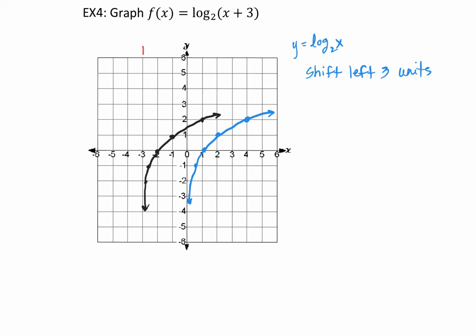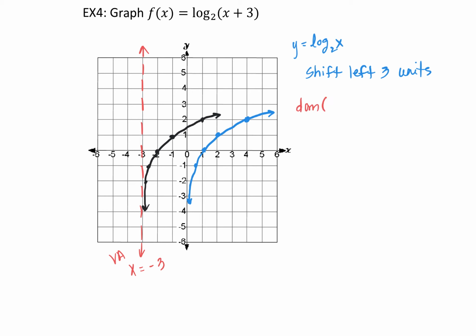Notice, because I am shifting along the x-axis, I am changing my vertical asymptote. It is now x equal to -3. So that's my new vertical asymptote. What that did is it changed the domain.